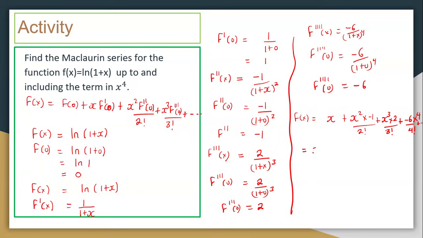So that means here we can have x minus x squared out of the 2 factorial plus our 2x cubed out of the 3 factorial minus x power 4 out of the 4 factorial, then plus.